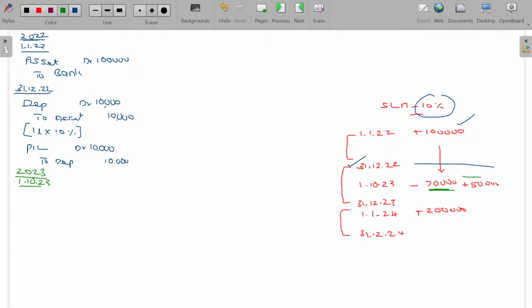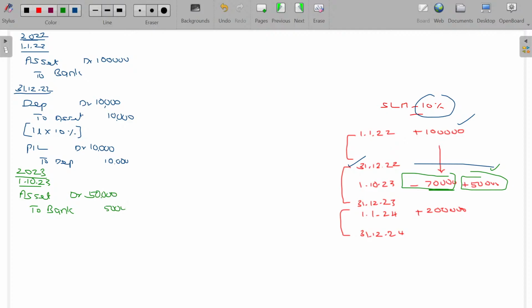One of the assets was sold and one of the assets was purchased. Purchase is no problem. It's simply asset account debit to bank. The value being 50,000.